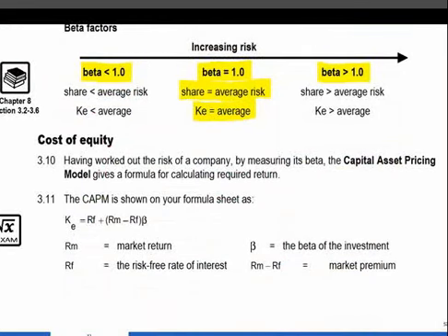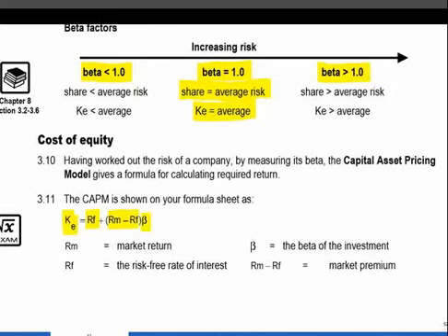This formula is called the capital asset pricing model, and it assumes that investors can get a risk-free return by investing in government debt such as treasury bills, and then will expect a higher return when they invest on the stock market than they would get on treasury bills. And then how high a return they'll expect on a particular company will depend on the risk or the beta factor of that company. So the B is the beta factor.